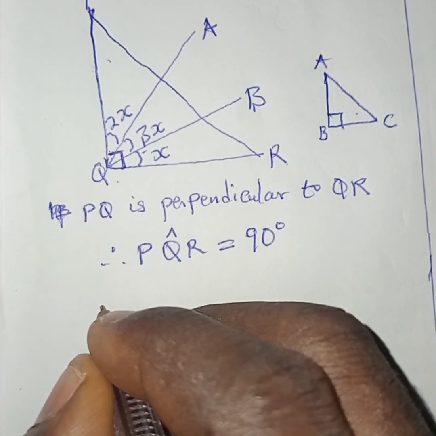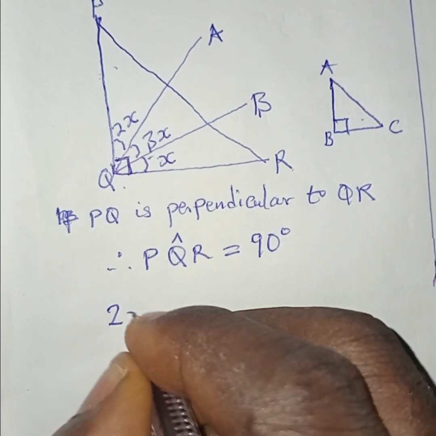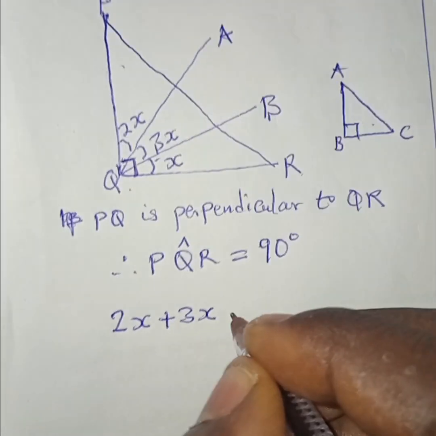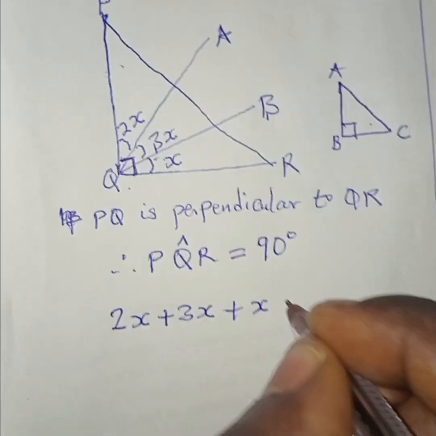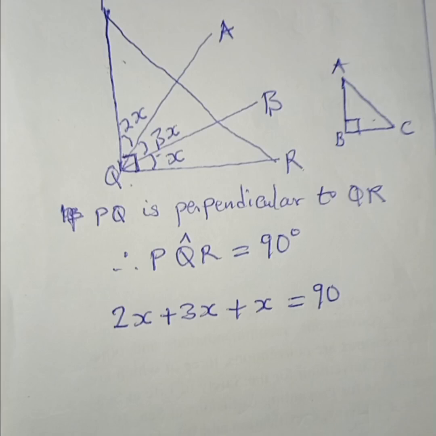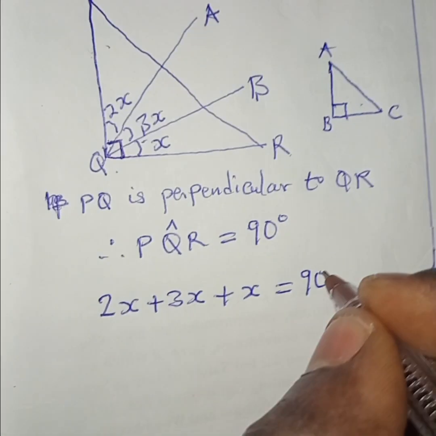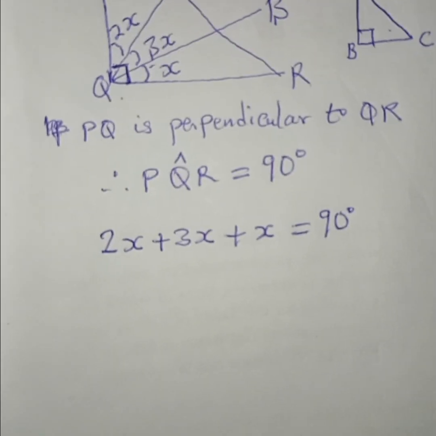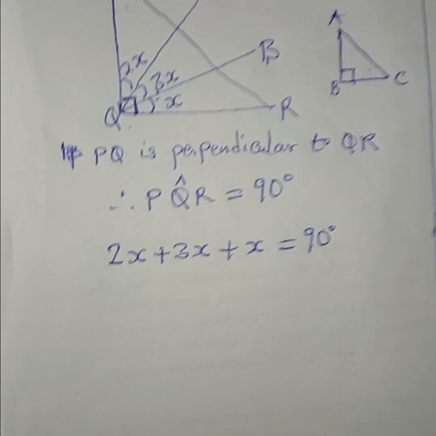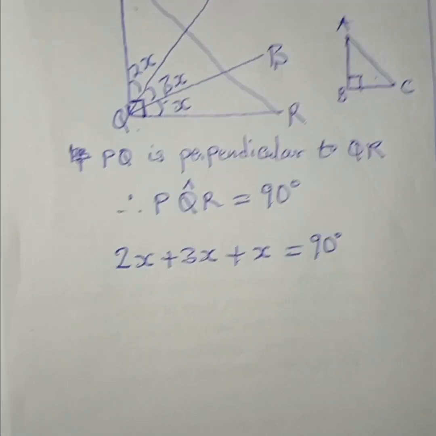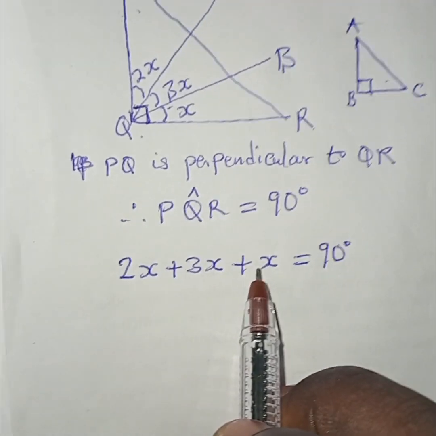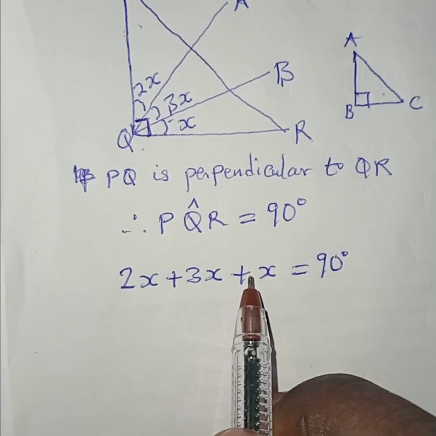So you now say 2x plus 3x plus x equals 90 degrees. So you sum the x together since they are all the same family. 2 plus 3 will give you 5, plus 1x will give you 6.